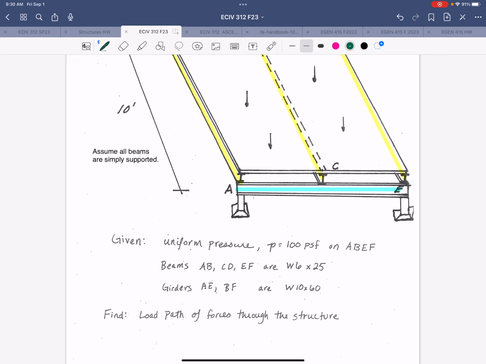If you're not familiar with the W designation, the W stands for wide flange, and it's your typical I-beam shape. The first number in the designation represents the approximate depth in inches. I'll note that here.